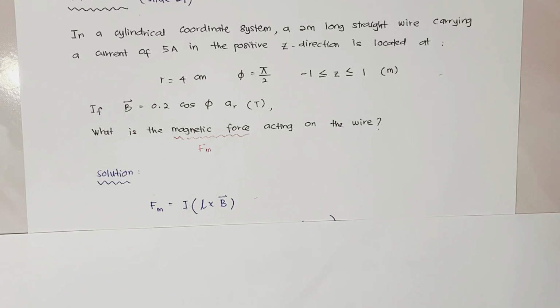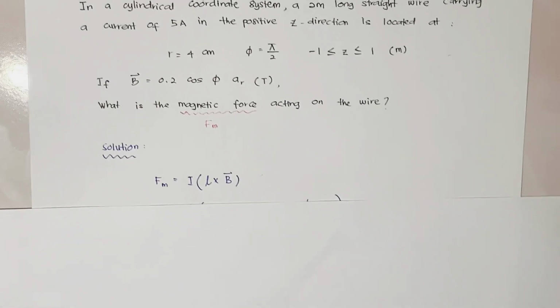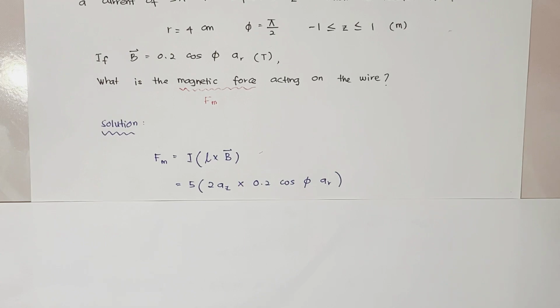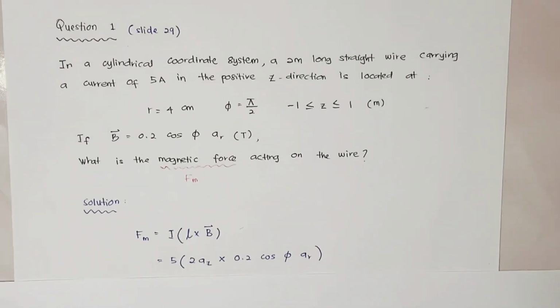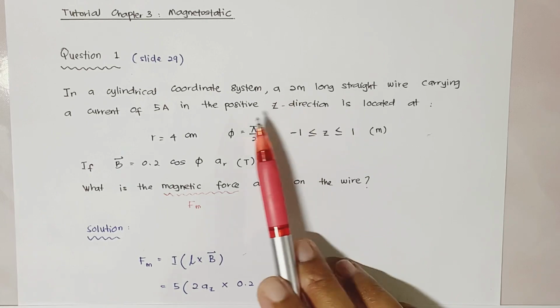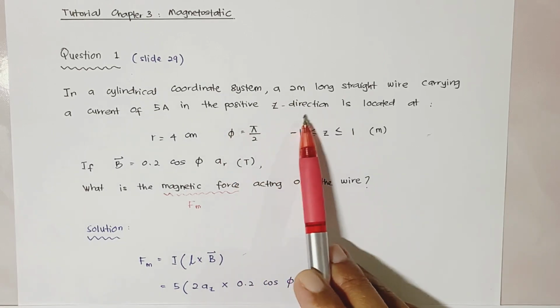If you refer to slide 29, this is the equation: Fm equal to I times L cross B, vector B. The length of the wire is given, which is 2 meter long, and AZ is the positive z direction.